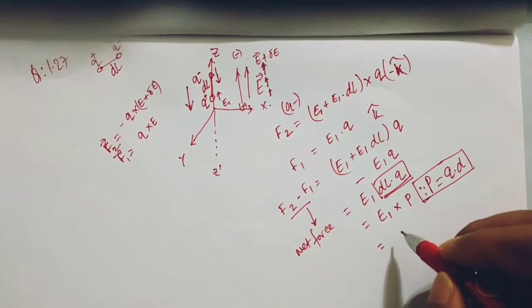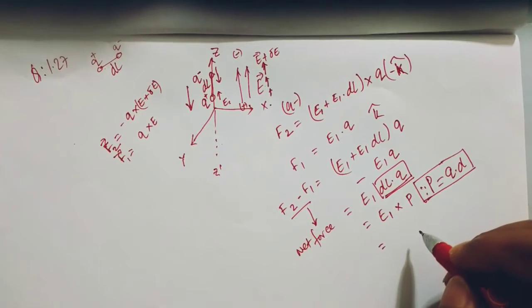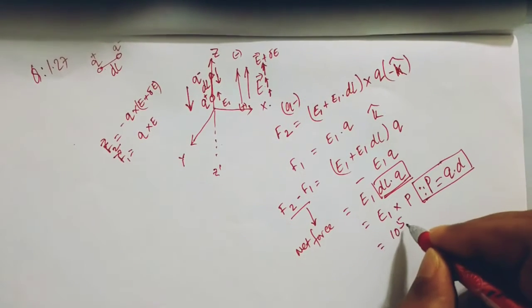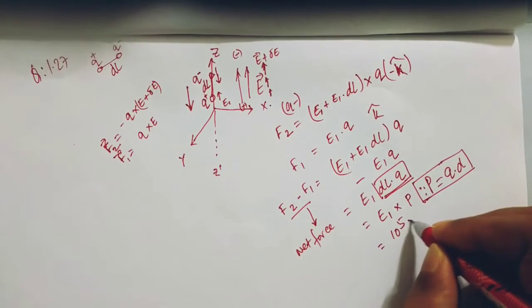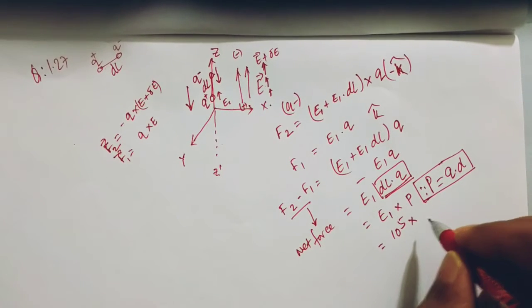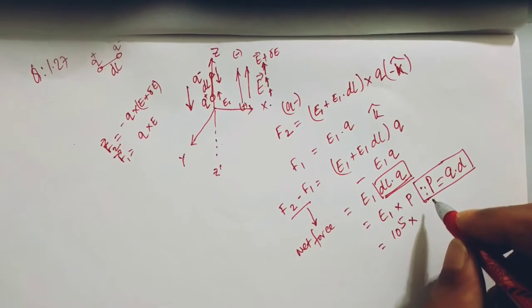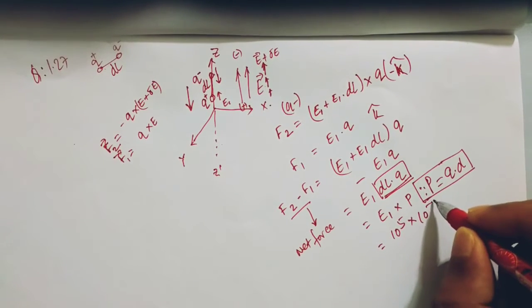So now put in the values they have given. This electrical field gradient they have given is 10 to the power 5 Newton per coulomb per meter, and this dipole moment is 10 to the power minus 7 coulomb meter.